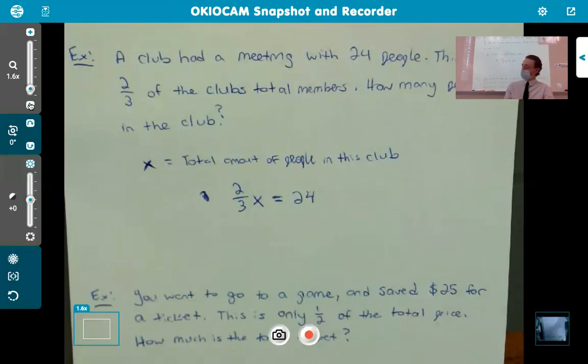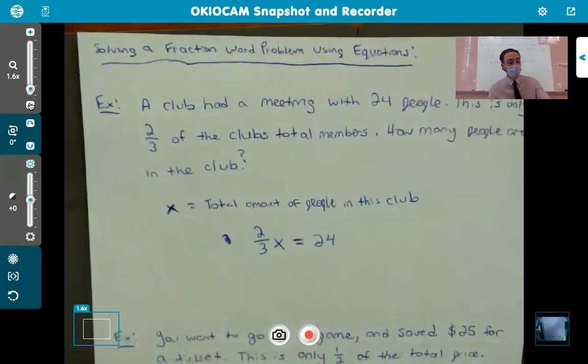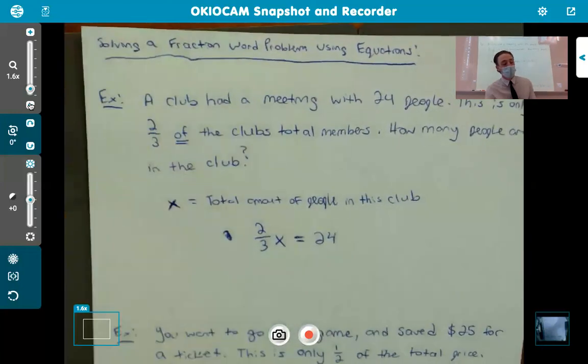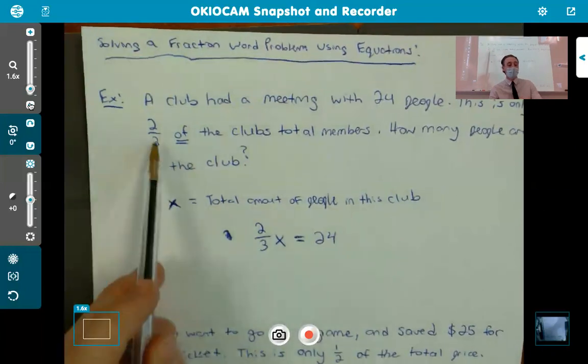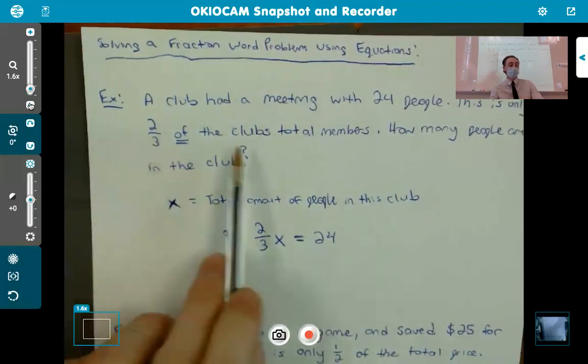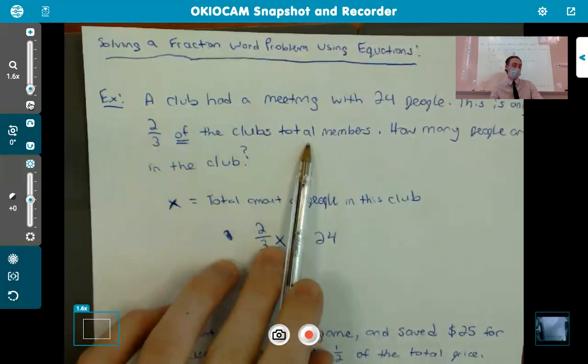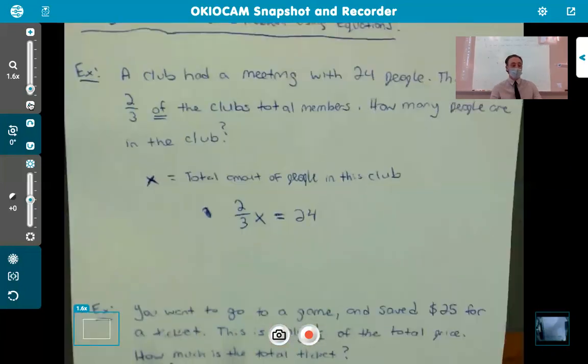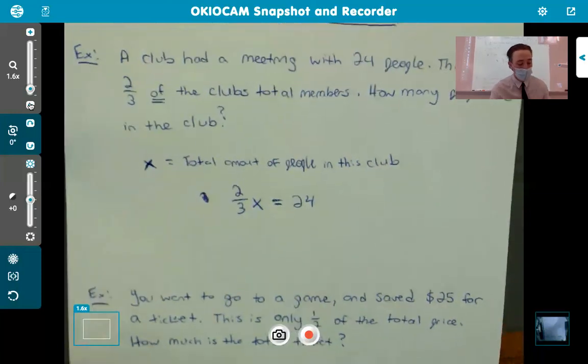When you see that "of" in any word problem, like 2/3 of the club's total members, that gives you an idea that I'm multiplying the 2/3 by whatever my unknown is, which is the total members. We're going to see that again in the next example. Somebody will probably be able to point out in the next one what operation is taking place between which two values.